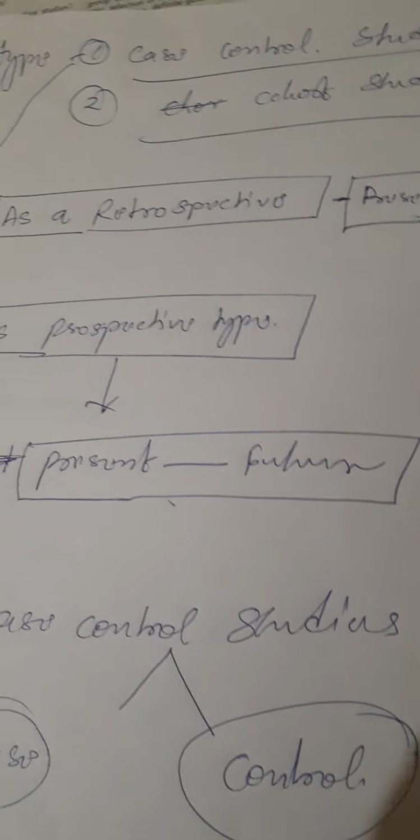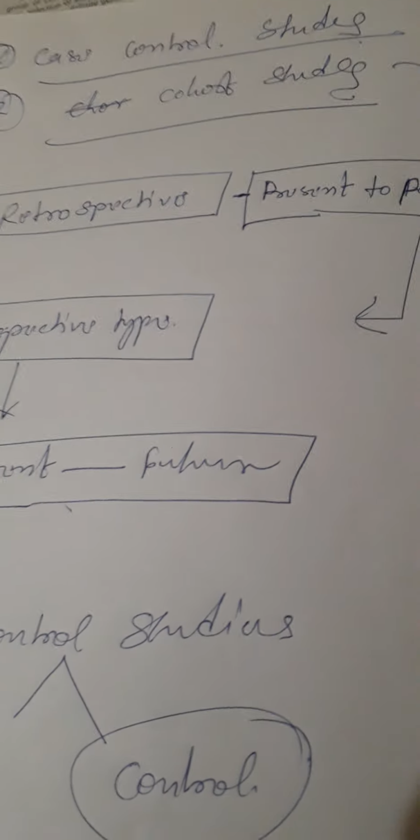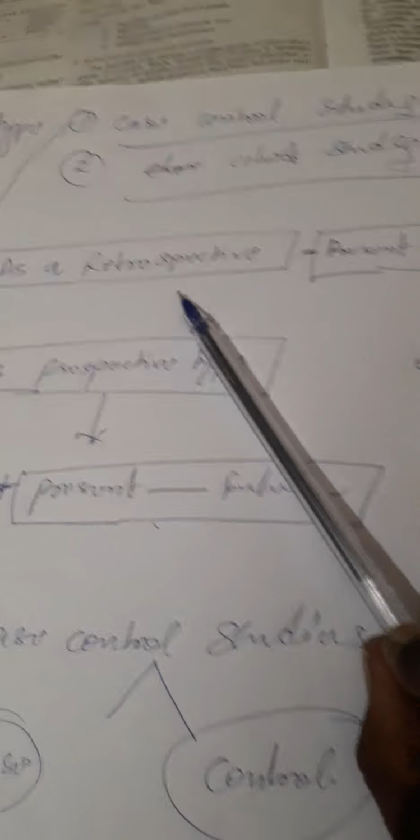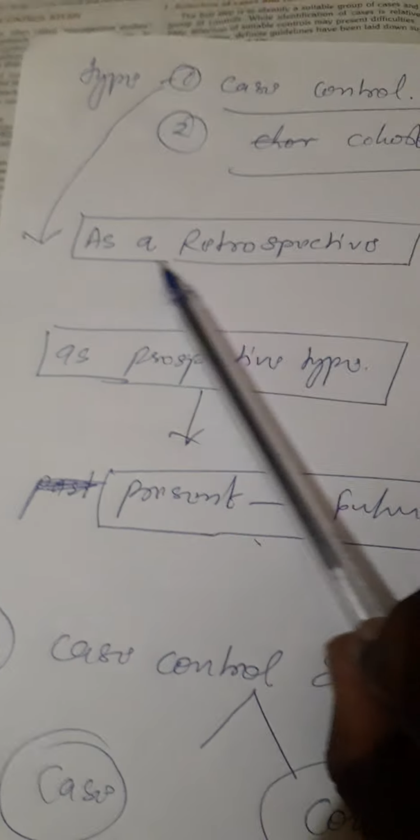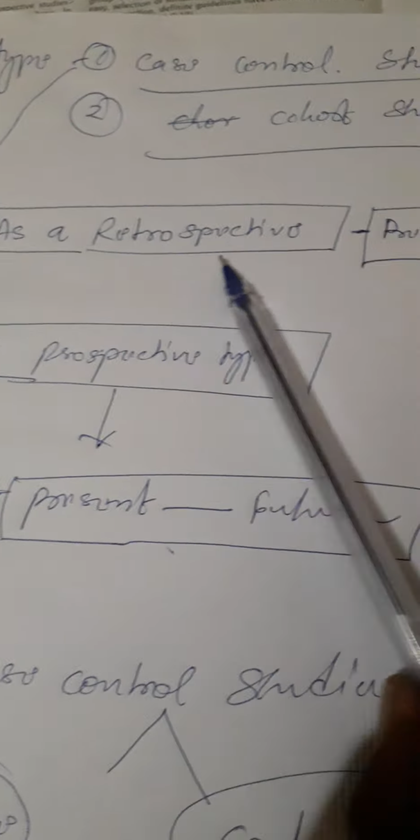Because the hypothesis declares that smoking causes lung cancer, we have lung cancer as the disease and smoking as the factor. But in the study we test them. So the first method, case control, is a retrospective method, from present to past.